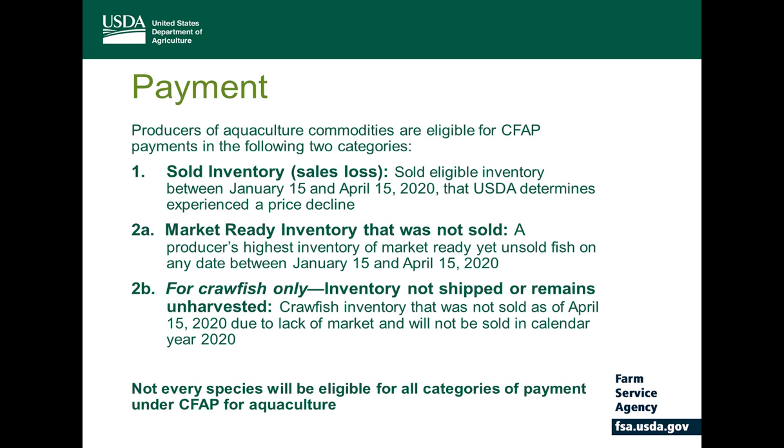Some species did not qualify for that category one. Some did. There's not really three categories. We'll make a correction on this slide, but there's two categories depending on the commodity.